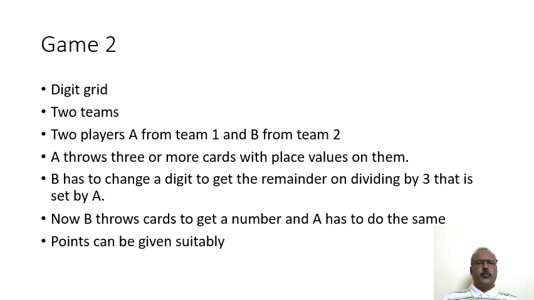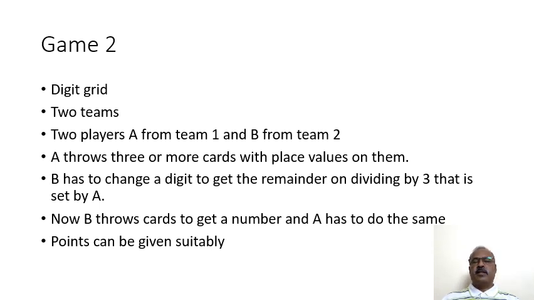In game 2, the basic process to obtain a number is the same. The challenge now is to change a digit of the obtained number and arrive at a number that will give a remainder set by the other player. So for example, A throws 3 or more cards with place values to get a number.